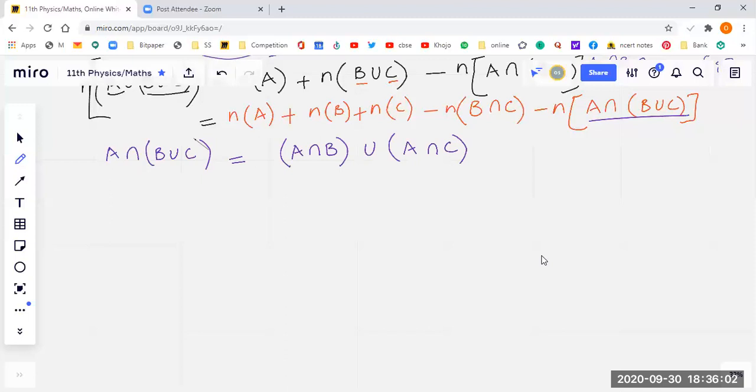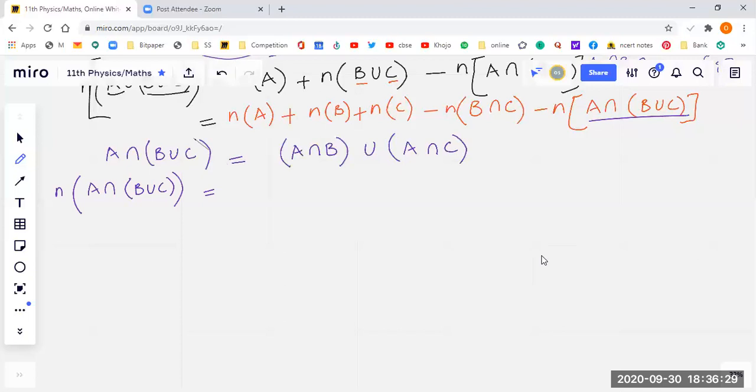A intersection B union C is equal to A intersection B union A intersection C. All right, if this is the case, then I can write this one. Number of elements in A intersection B union C is equal to what?